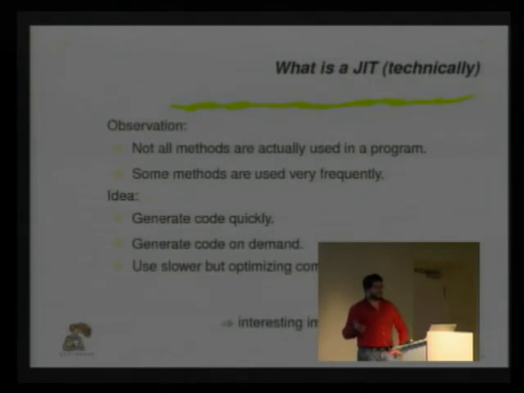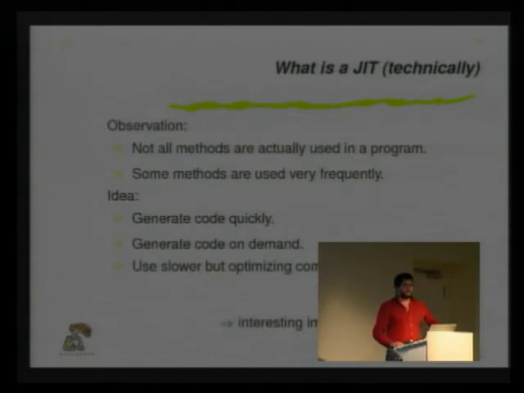So when the method is about to be executed, the compiler kicks in, generates the machine code and executes it. In the program there are always some methods which are executed very frequently. These are so-called hot methods, and they are normally compiled with an optimizing compiler which takes more time. The thing is, code has to be generated quickly so that the execution time of a method is not too high.